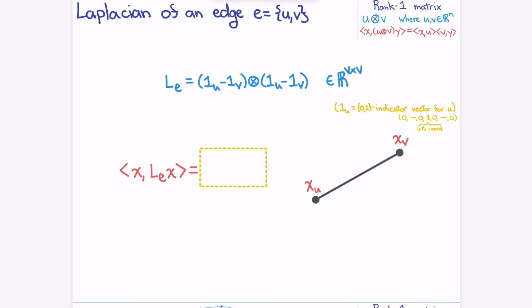Okay? So for example, if you apply it to some vector x, this is indexed by vertices. Okay, so x will be in R^V. What will be this thing? Just to go through the definition slowly. So what would <1u minus 1v, x> be like?